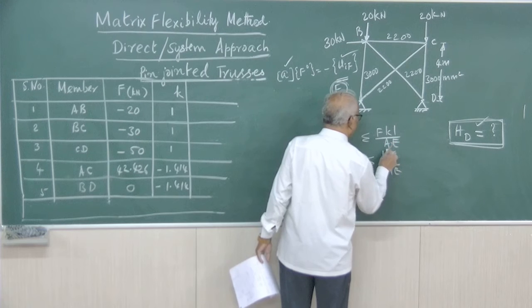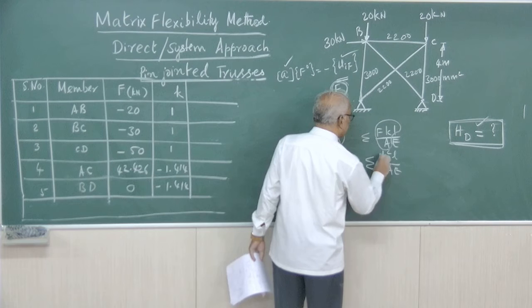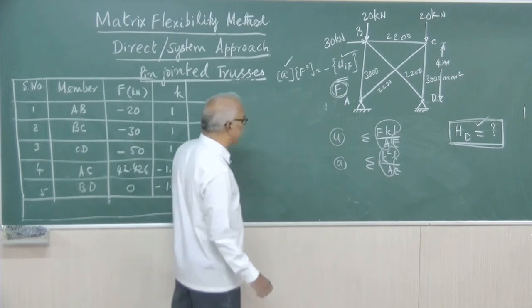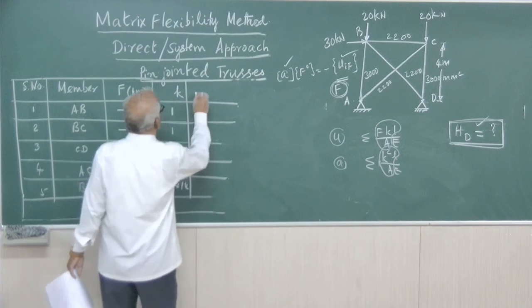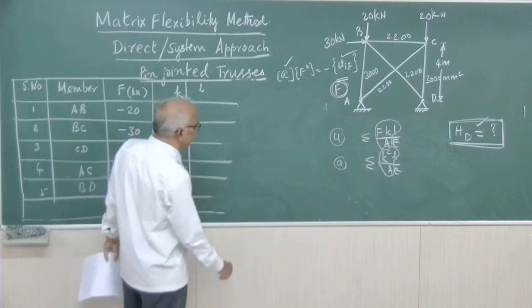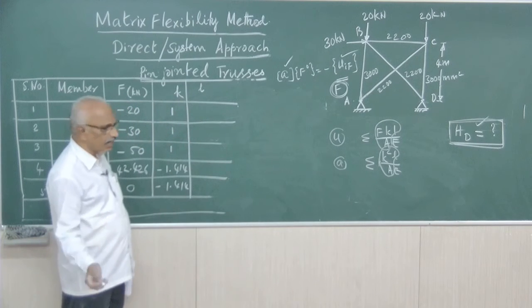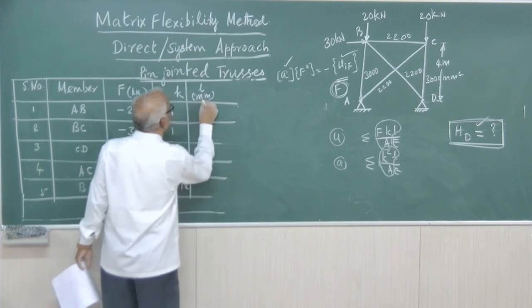Therefore, now we have to find out sigma FKL by A. Here also areas are different, therefore we have to find out K square L by A. Therefore, for L we have to form a column. L, area is in terms of millimeter square. Therefore, let us substitute L also in terms of millimeter. So, L in terms of millimeter.